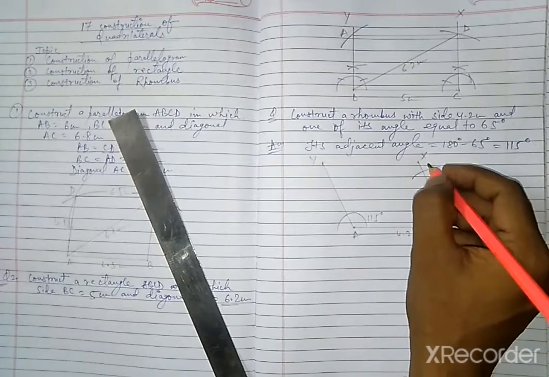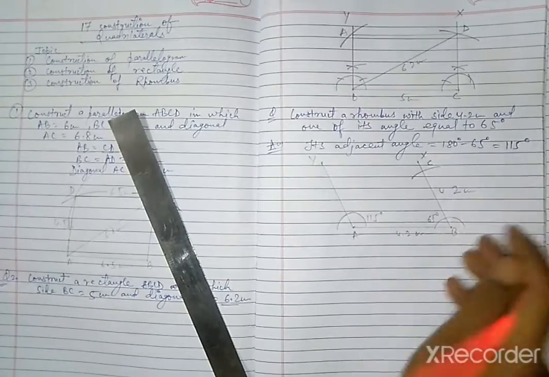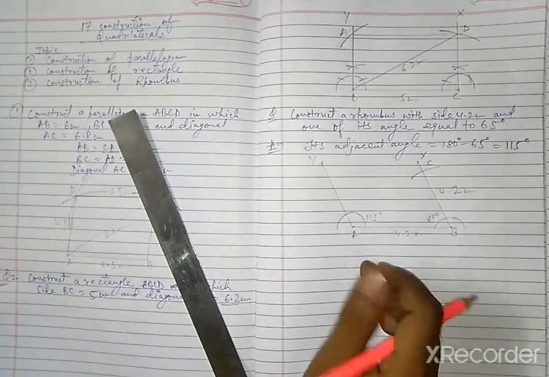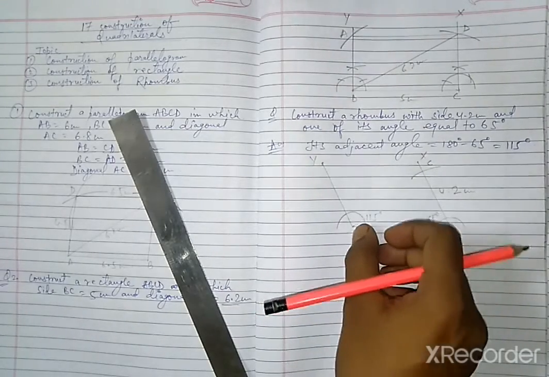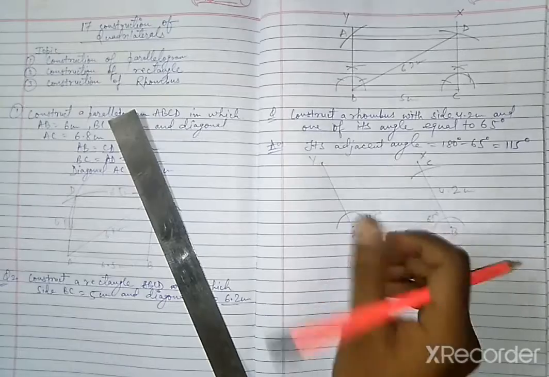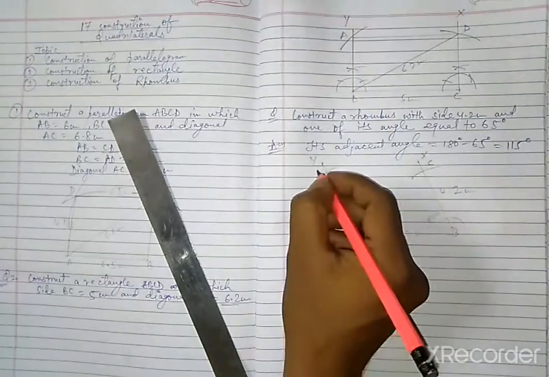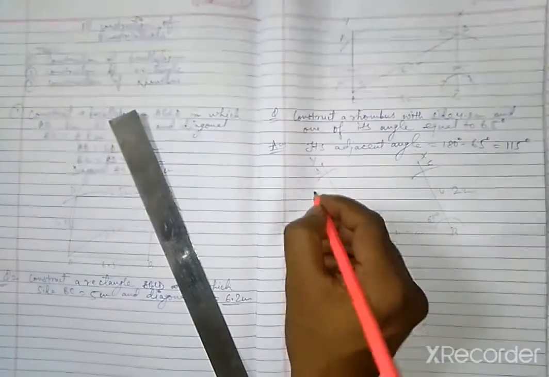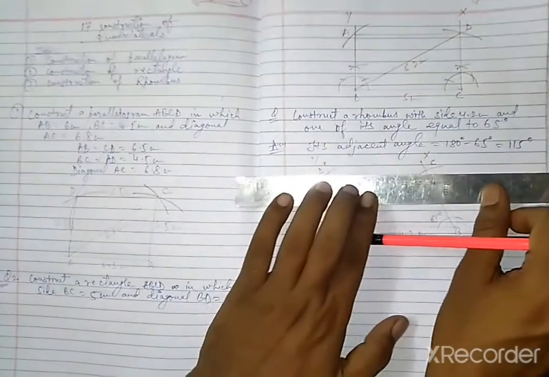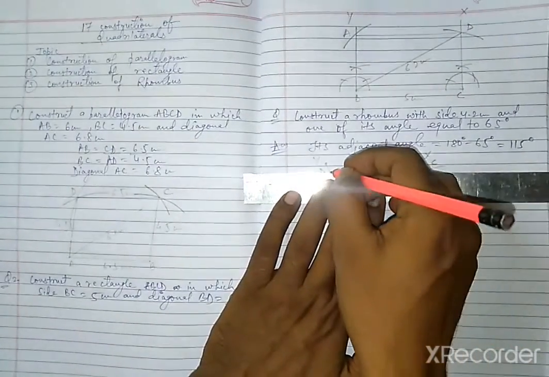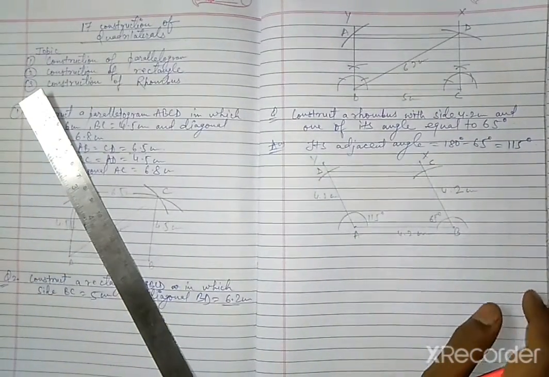The point of intersection will be C, which is 4.2 centimeter away from point B. I will put the same compass at point A and cut an arc at the AY line such that the intersection will be point D, which is 4.2 centimeter away from A. Then I will join CD, and ABCD will be my required rhombus.